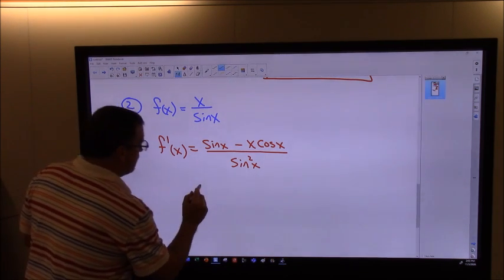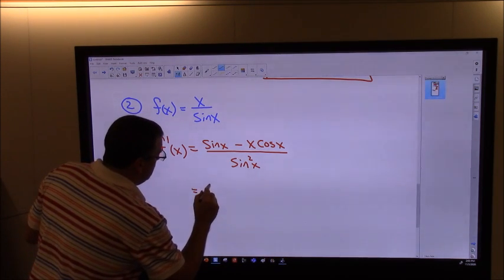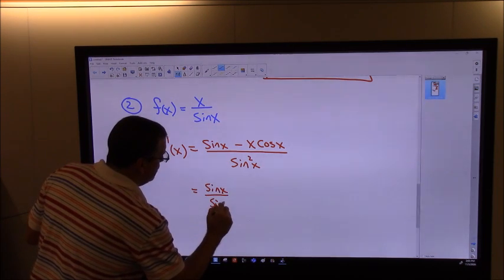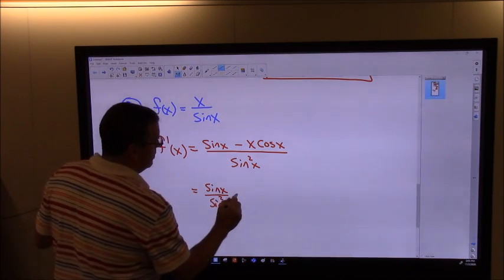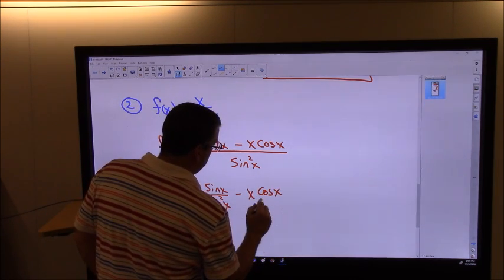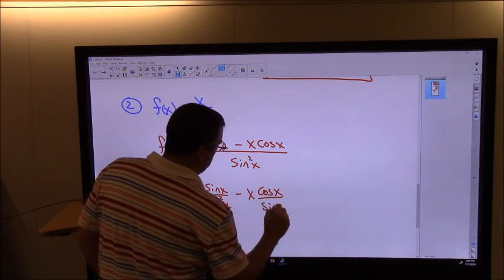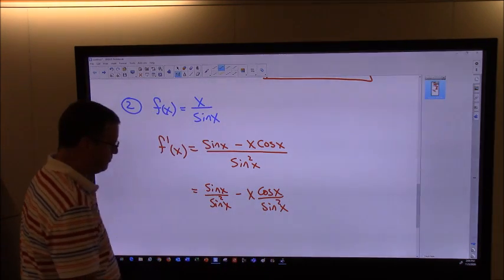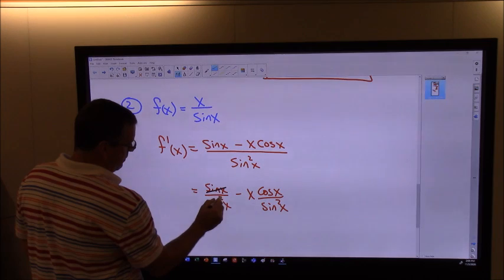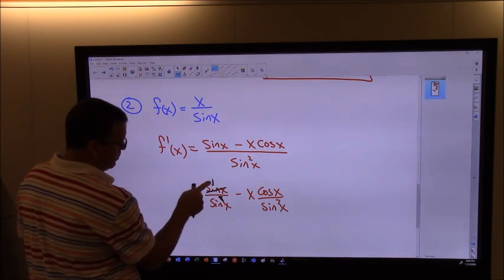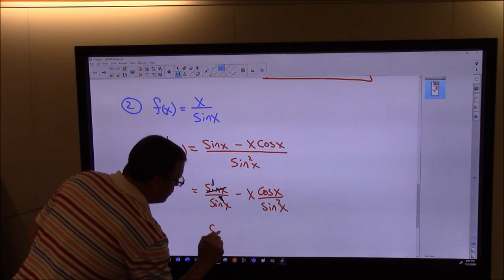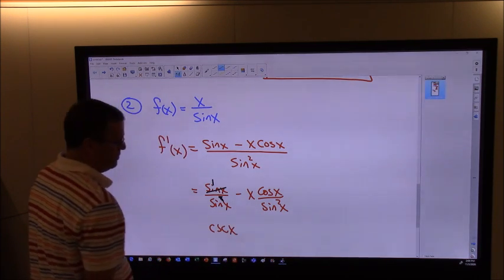I could say I've got a sine of x over a sine squared of x minus x cosine x over sine squared of x. And I can cancel one sine here with one of these sines. So now it's 1 over sine of x. And really that's a cosecant of x.